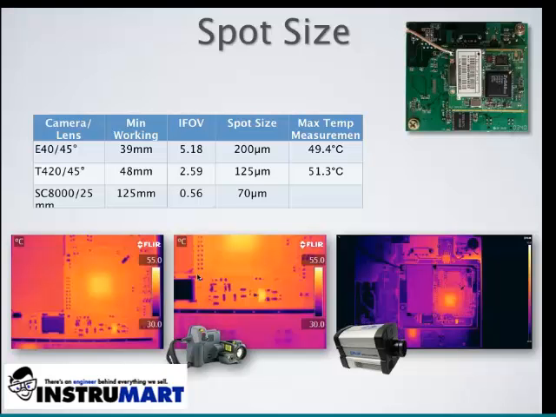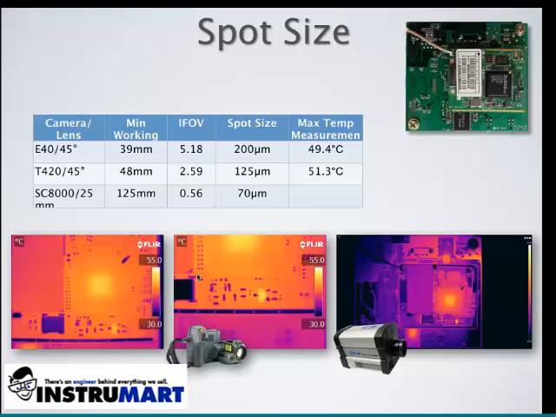And instead of capturing this target at 0.4 meters or 400 millimeters, I now adjusted my distance to target to the minimum working distance. So I got as close to the target as I could and keep focus. And you can see how the images have improved dramatically by shortening or decreasing my distance to the target.